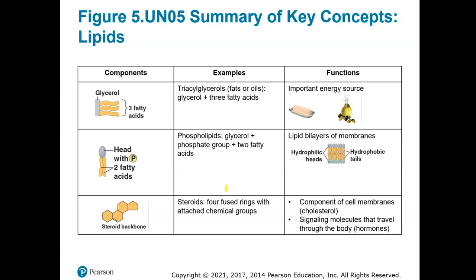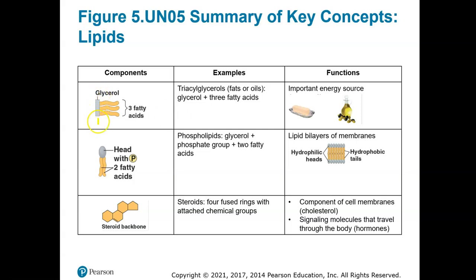All right, here we have our chart for the lipids, and our triglycerides are fats and oils. And we talked about how they can be saturated or unsaturated. If it's unsaturated, it has at least one double bond between carbon atoms. But the structure of a triglyceride or triacylglycerol is the word that they use. I say triglyceride.